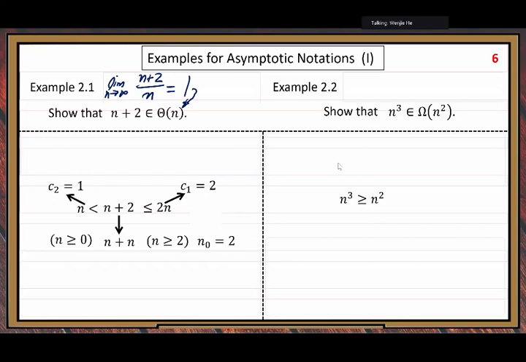We can see easily that this inequality holds when n is greater or equal to 0, and we only consider non-negative integers, so it always holds. That means the constant C is 1. So that's enough. For big omega, that is enough.